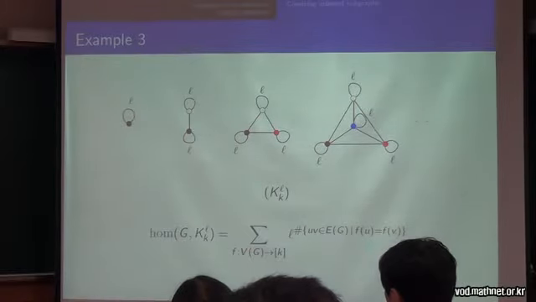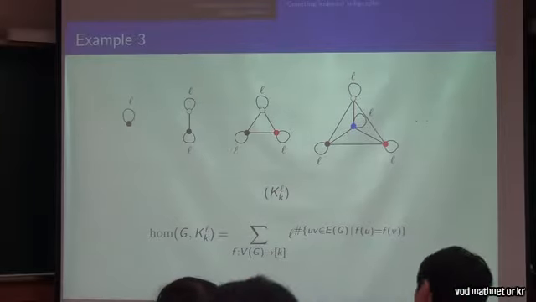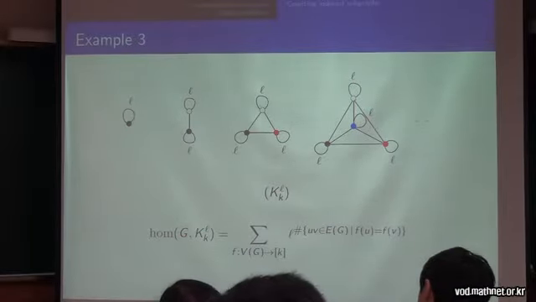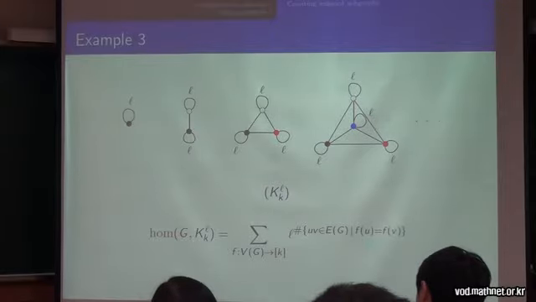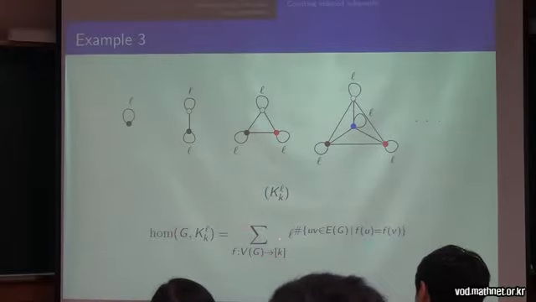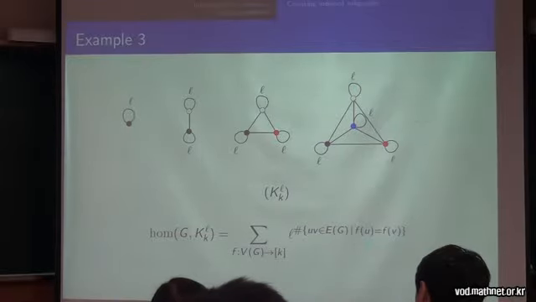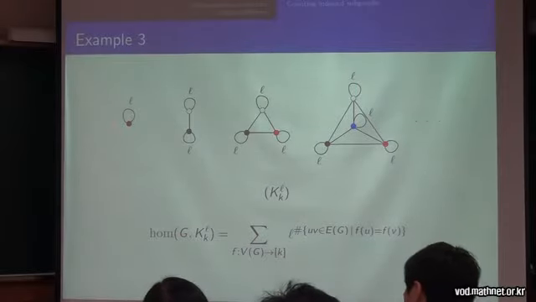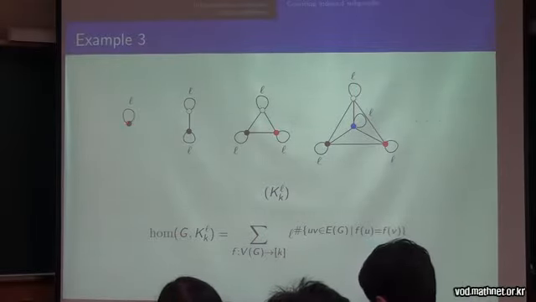What about if I put L loops on each vertex? Now it gets a little bit more interesting. If I am taking a function f from the vertices of G to the vertices of this graph, let's call them 1 up to k, then for each edge that goes to one of these loops, there are L loops on that vertex, so I have L choices of loops.